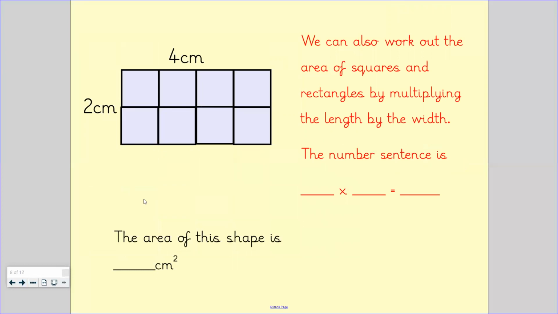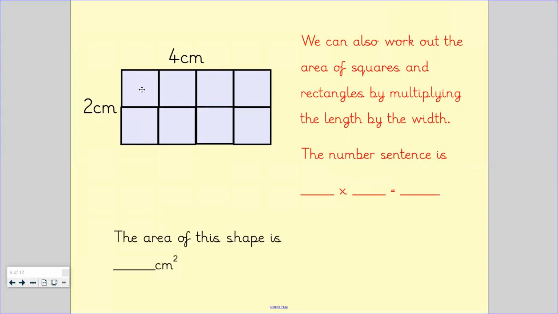However, that's not the only way that we can work out the area of a shape. We can also work out the area of squares and rectangles by multiplying the length by the width. So the number sentence for this would be 2 times 4, which would be 8.